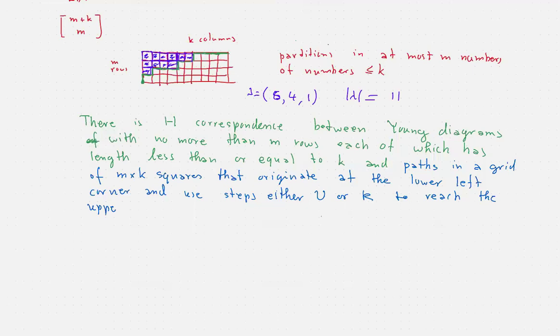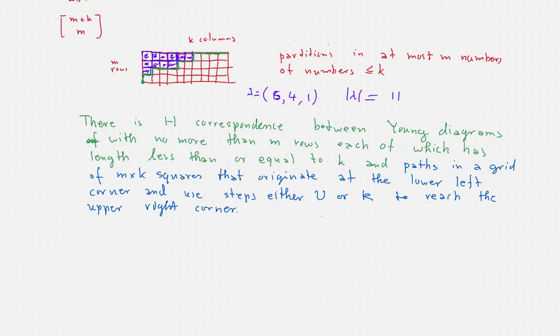Okay, so there is one-to-one correspondence, and the reason that I'm mentioning this is because it's not too hard to actually count the latter, which means that we can count how many such diagrams we have altogether. And how do we do that?